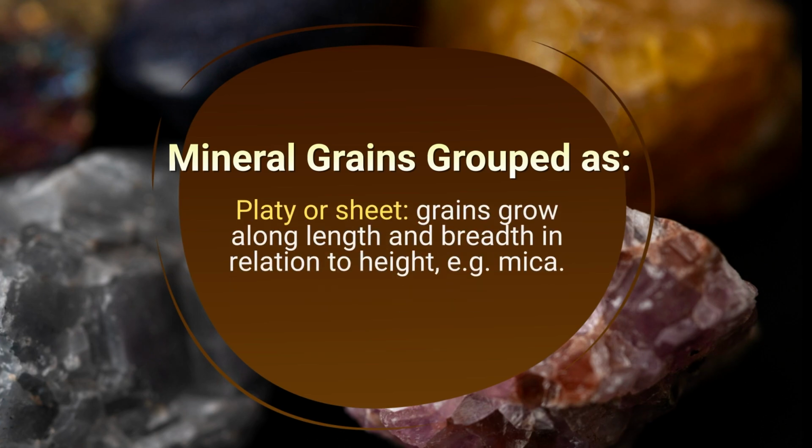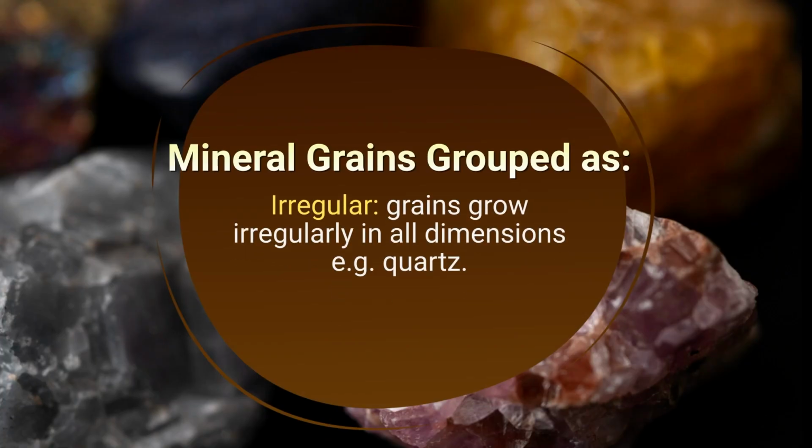Platy or sheet-like grains grow along length and breadth in relation to height. Mica crystals are the best examples. Then last is irregular grains, which grow irregularly in all dimensions. The best example is quartz, growing irregularly in all three directions.